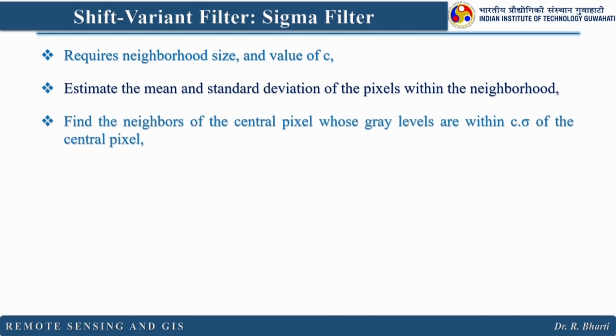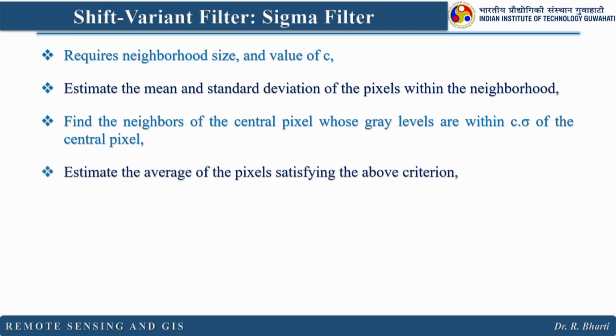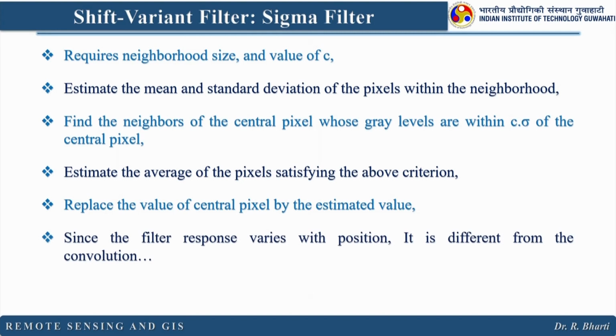Find the neighbors of the central pixel whose gray levels are within C sigma of the central pixel, right. Estimate the average of the pixels satisfying the above criteria, and the estimated value is used to replace the value of the central pixel, right. And likewise we will perform this for the whole image, right.